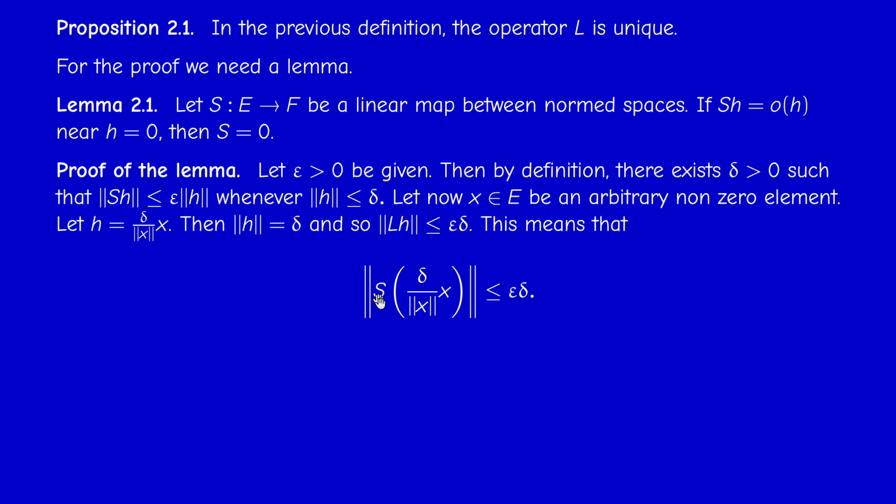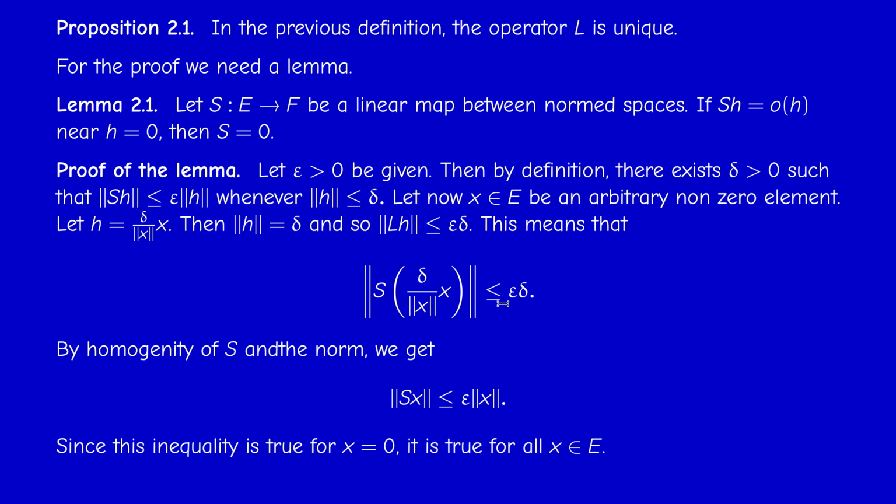Now, since S is linear, I can put the scalar outside S, and this is the homogeneity of S. And then I can put it outside the norm. So I get delta over norm of X times norm of Sx less than epsilon delta. And so when I simplify by delta and multiply by norm of X, we get norm of Sx is less than epsilon norm of X. And of course, here we assumed X is non-zero, but if X is 0, it's true because you get 0, 0.